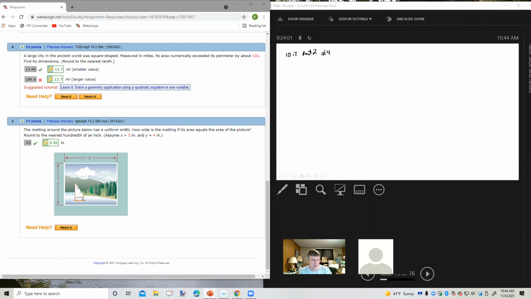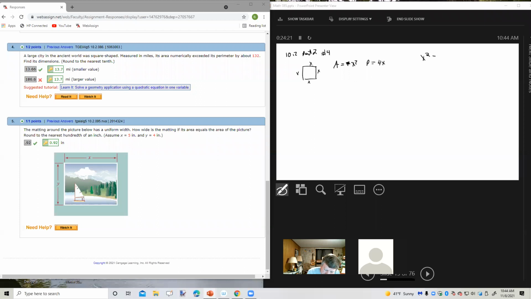This is still 10.2 part 2 number 4. Same idea, just a different number. A large city in the ancient world was square shaped. So we'll call this x, x, x, x. The area is going to equal x squared. The perimeter is going to equal 4x.